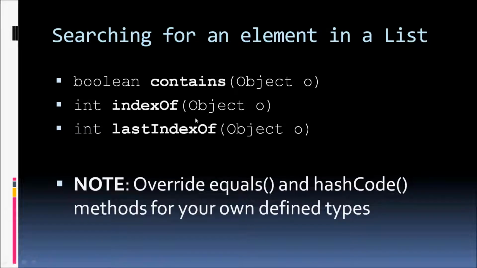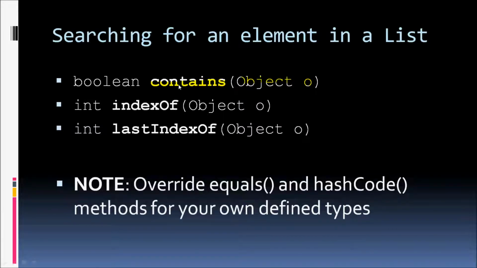And note that the class of the object used in the argument here must override the equals and hashCode methods, so the collection can search for the object. The contains method returns true if the collection contains the specified object o here.